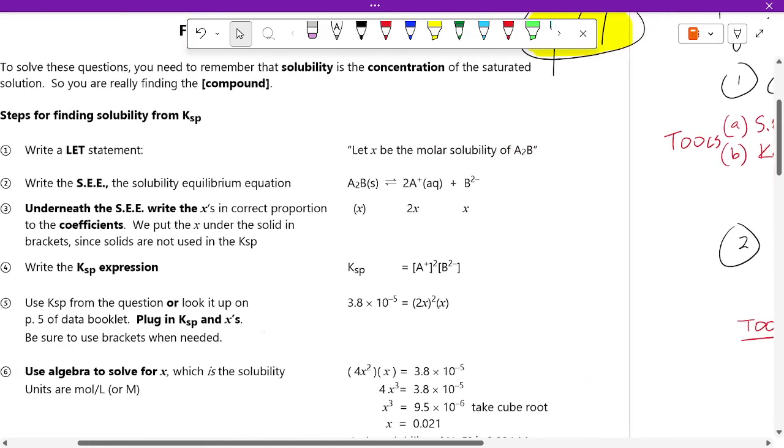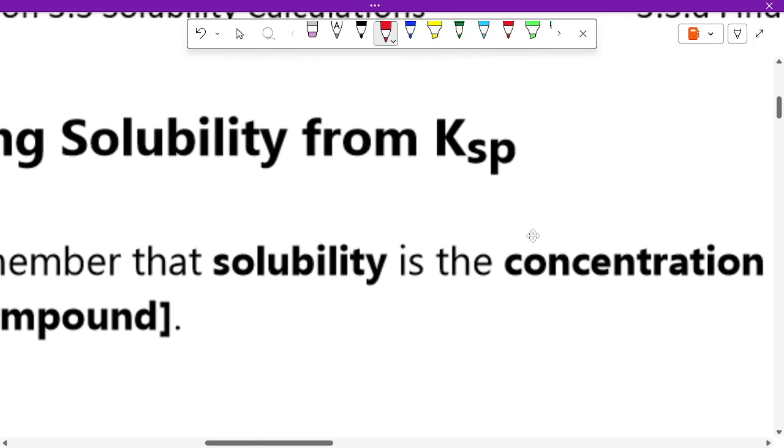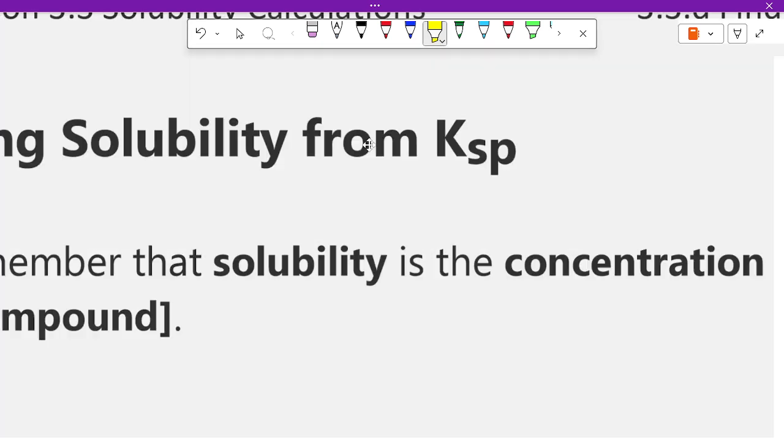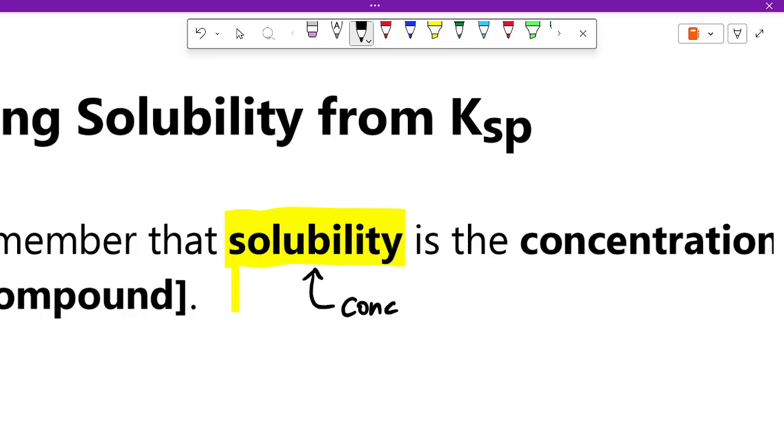Okay. So we want to find the solubility. What is solubility? In this case, we're going to use the slightly less fancy definition. It is the concentration of what? A saturated solution.